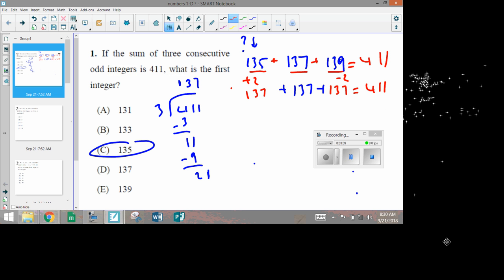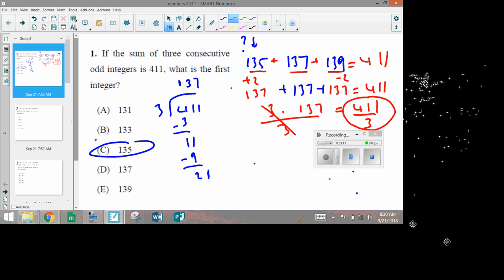What do you see here? 3 times 137. So this is the answer to why I divided by 3: because 3 times 137 is equal to 411. When you divide both sides by 3, I get 137. That's why I divide by 3.